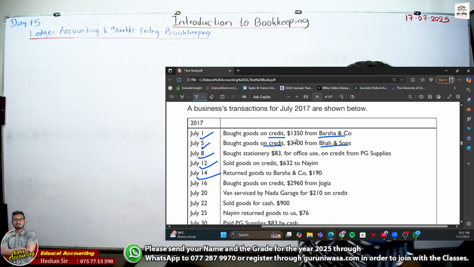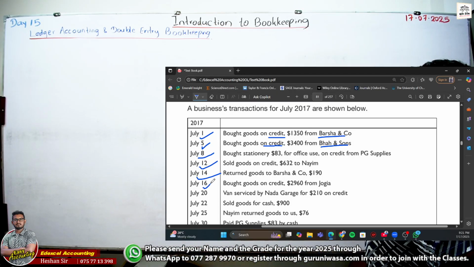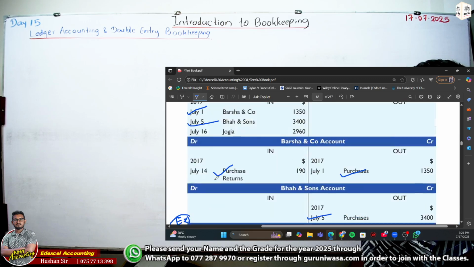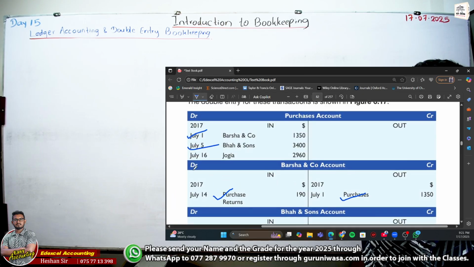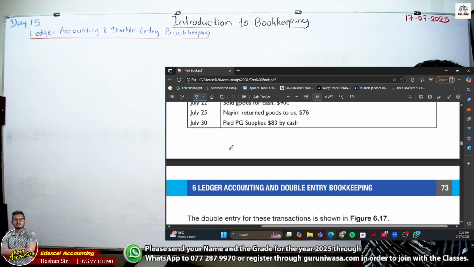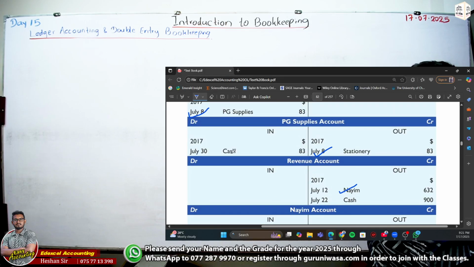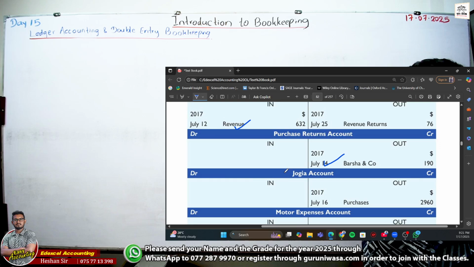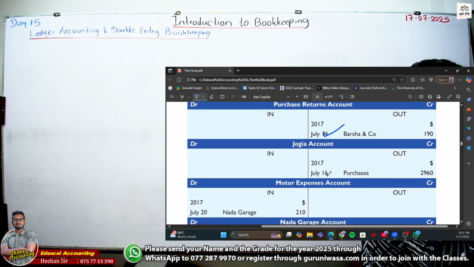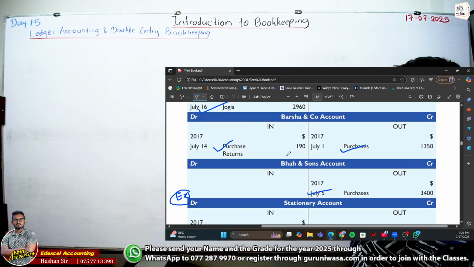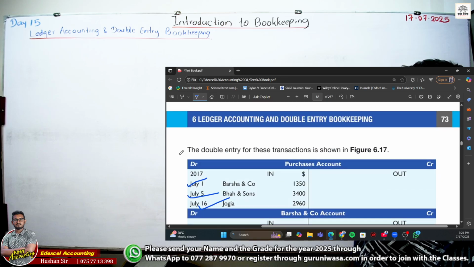Bought goods on credit. When we purchase goods on credit, purchase account debit, and creditor Jogia account credit. Jogia's account is a creditor account. It is a liability. Just write it. First one, purchase account is an expense account.